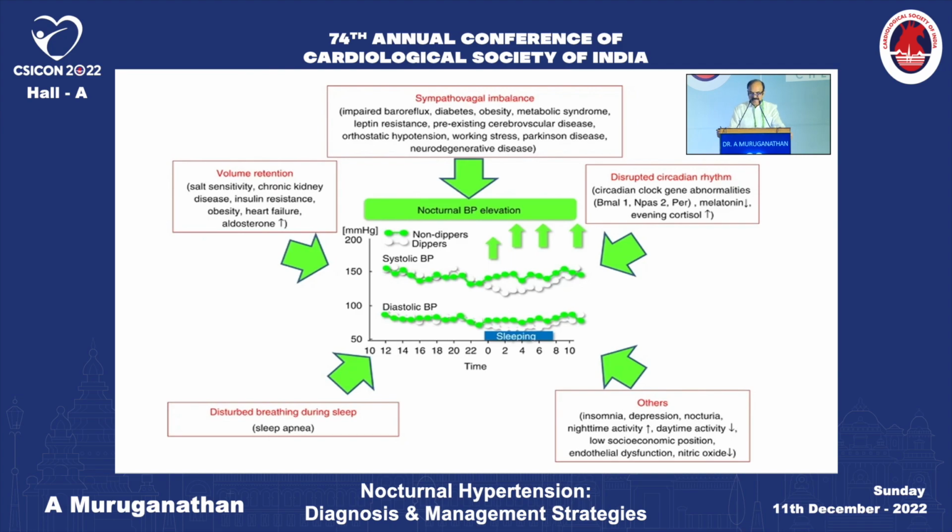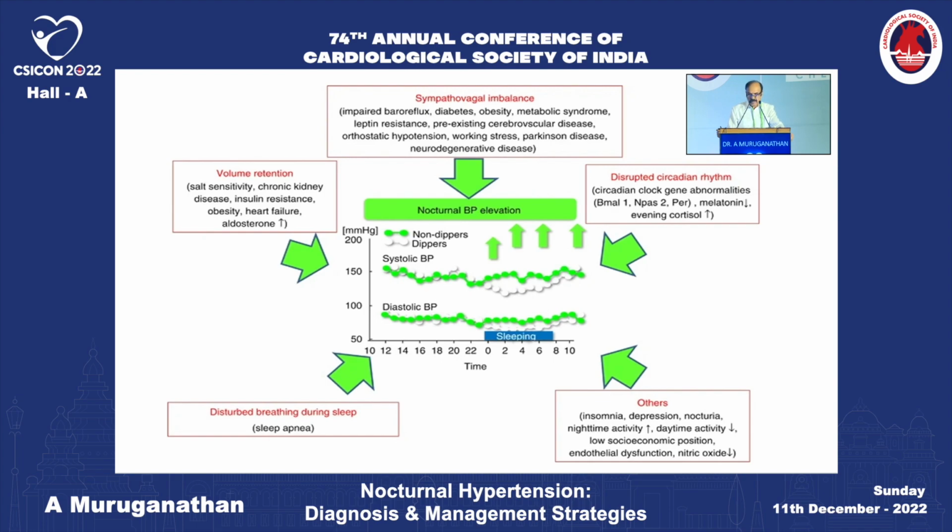Of course, disrupted circadian rhythm, the circadian clock gene abnormalities, BMAL1 and NPAS2, and then volume retention, very important: salt sensitivity, chronic kidney disease, insulin resistance, obesity, heart failure, and increased aldosterone, hyperaldosteronism, can cause volume retention. So one is sympathovagal imbalance, volume retention, and disturbed breathing, especially sleep apnea.